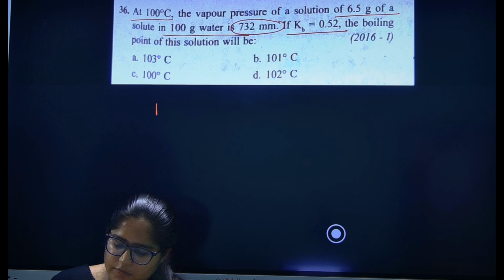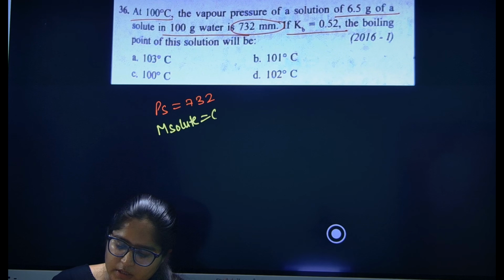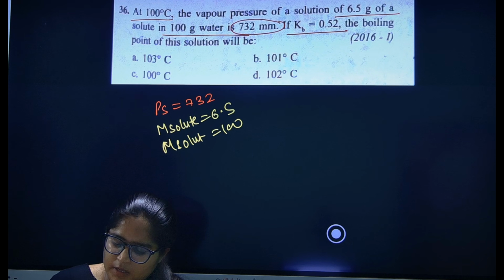Vapor pressure of solution is 732, mass of solute is 6.5 gram, mass of water is 100 gram, and Kb is 0.52.